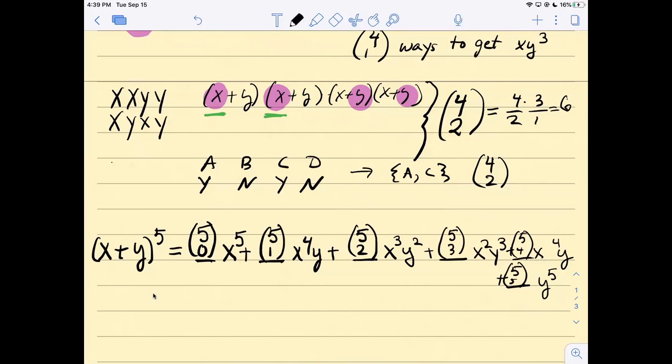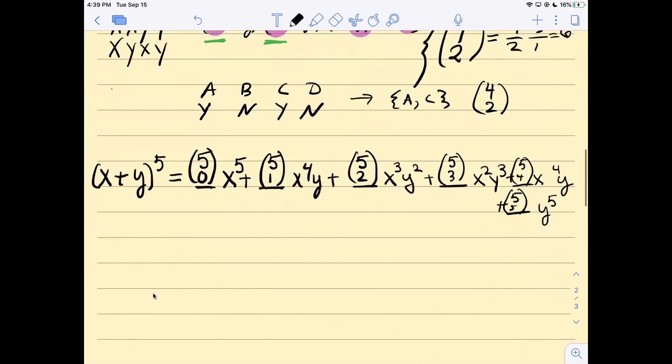Okay, please in your notes take a minute to actually calculate these numbers and then put the expression together. So I'm going to write it here, and just confirm that you get the same numbers.